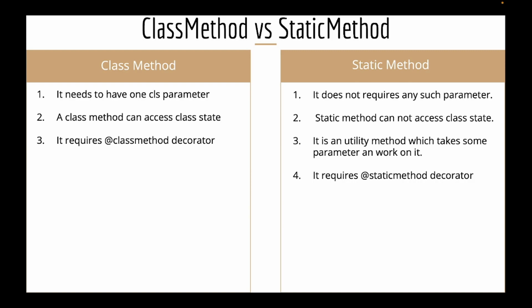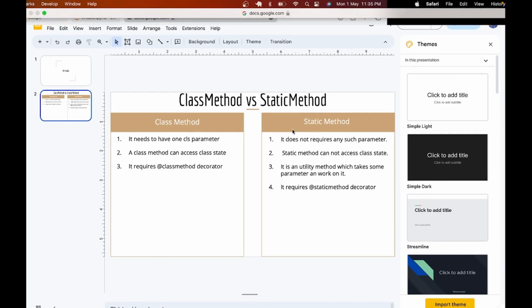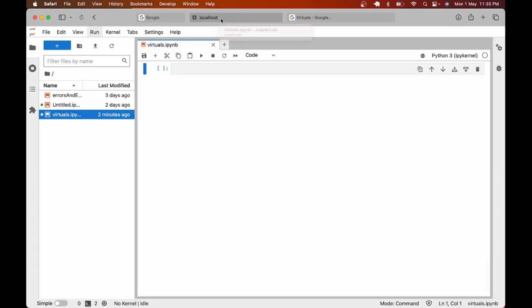We can use the classmethod decorator for creating a class method, and the staticmethod decorator for creating a static method. I will attach the screenshot of the class method code and the static one here, so it will be easy for you to go through. So let's start.